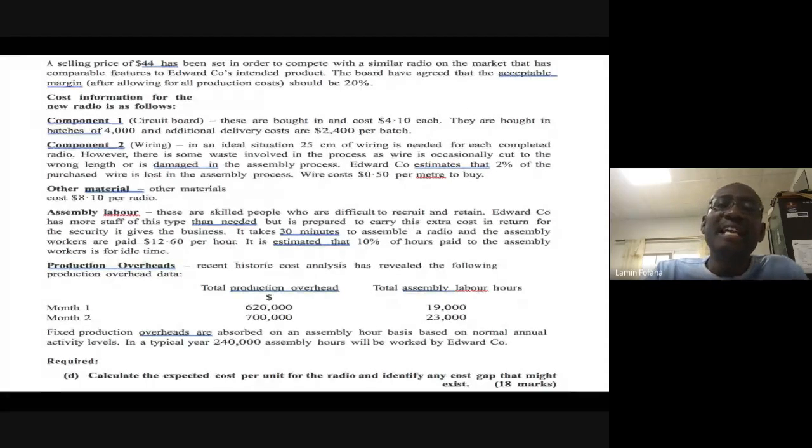Okay, that is in an ideal situation. That means if there is no waste, you need 25 centimeters. Now it's telling you that there is waste of 2%. So that means what you will need to buy, will it be 25 centimeters, or more than 25 centimeters, or less than 25 centimeters?